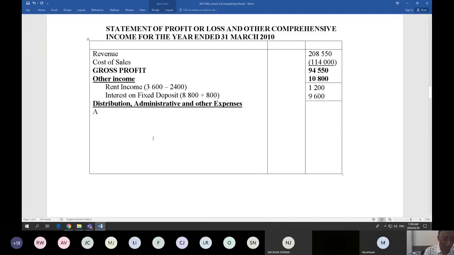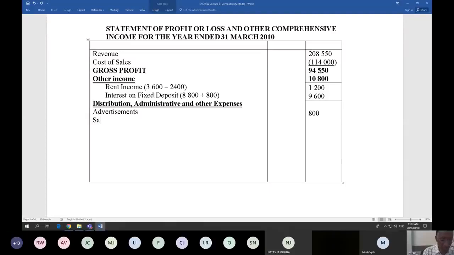The first expense that we have there, guys, is our adverts. The expense for the adverts was 800 rand, no adjustment, so the expense is still 800 rand.